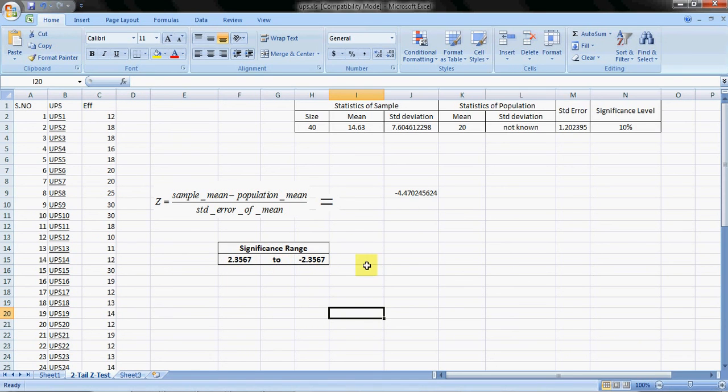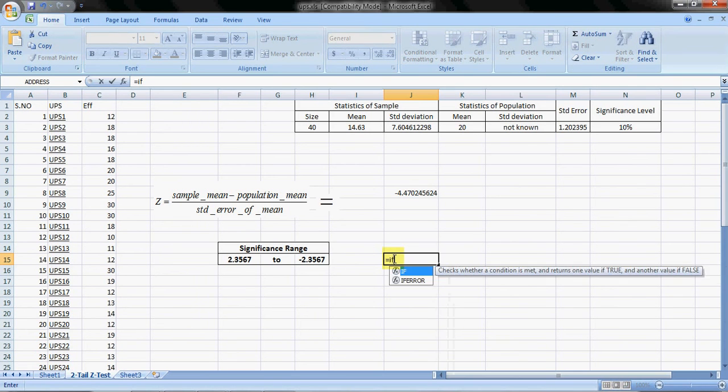So let us check whether our Z-test value falls between the range of these two values. What we can see over here is that minus 4 is out of this particular range. So let us check with the help of the IF formula. Let's put IF, bracket open, and we'll perform the logical test. The logical test is: if this value is greater than this value, then it will reject.